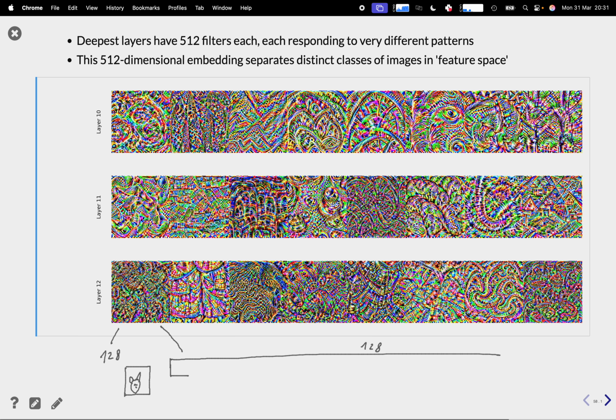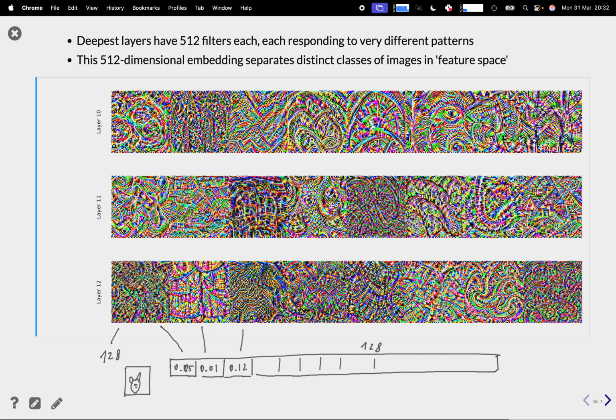It may respond to this one maybe with 0.5 or 0.05. And this filter responds only 0.01. And maybe this filter responds 0.12, right? The exact combination of how each filter responds to this particular input image, that combination of features, will give a much better representation of the input image than the original pixel values.